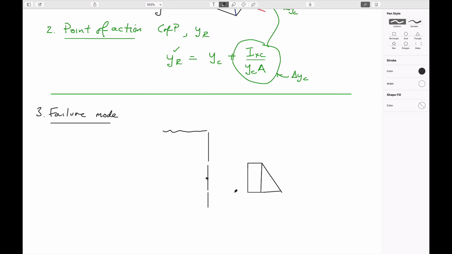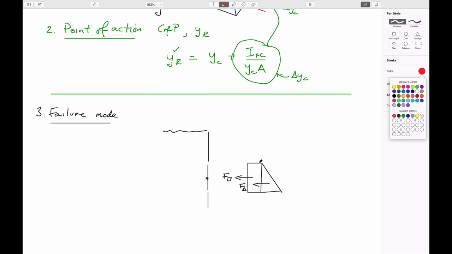And so if you know the magnitude of the force due to the constant pressure distribution and the force due to the triangular distribution, you could take lever arms around any point you wish to and get the resultant force and the location of YR from that.